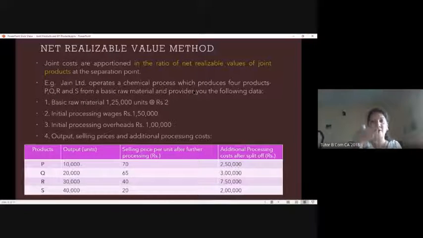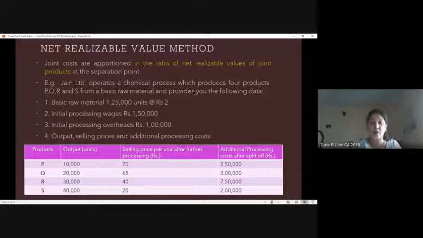The raw material cost is given very clearly: 1,25,000 units at the cost of 2 per unit. So the total cost would be 2,50,000, plus you have 1,50,000 as initial processing wages. Then again you have overhead cost, which is 1 lakh.